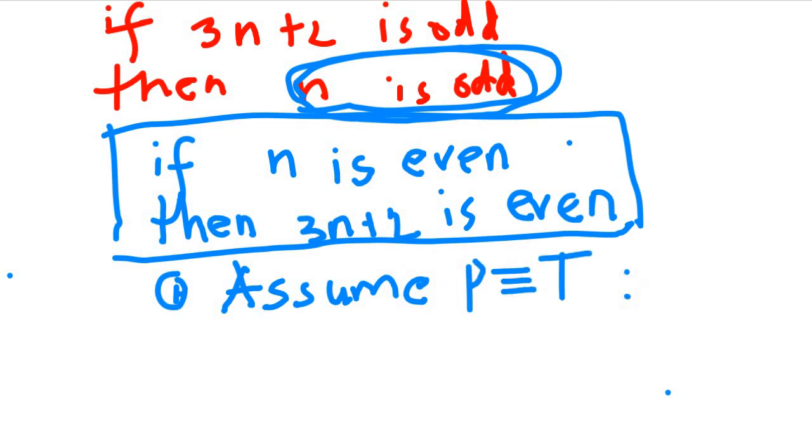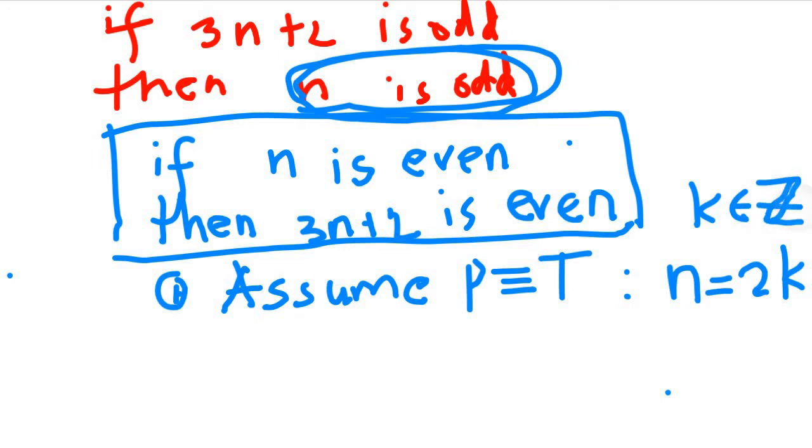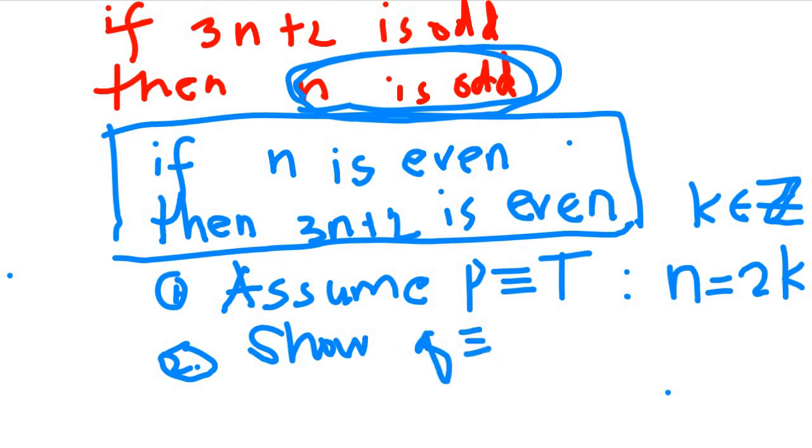So in that case, I'm going to assume that n is twice of a certain k, where k is an integer. Then the second step, we're going to show that the conclusion must also be true.